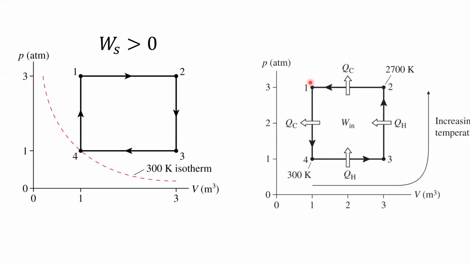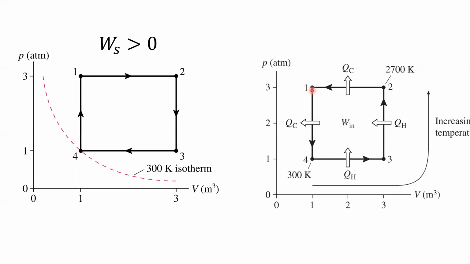If heat is flowing out as we move from point 1 to point 4, then it must be flowing into a reservoir with a temperature that's colder than the temperature of the working substance. And remember, this PV diagram tells us about the working substance. These temperatures here are not the temperatures of the reservoirs. These are the temperatures of the ideal gas as we take it around the PV cycle.